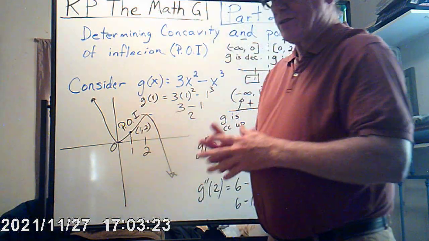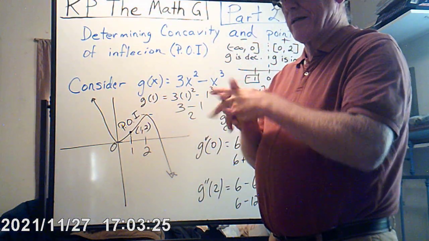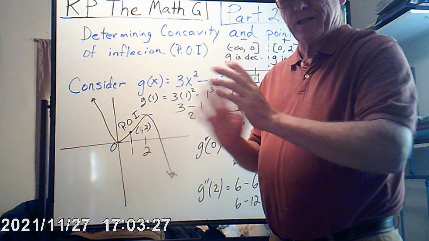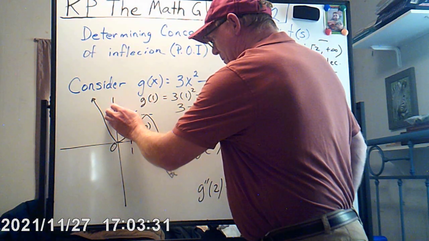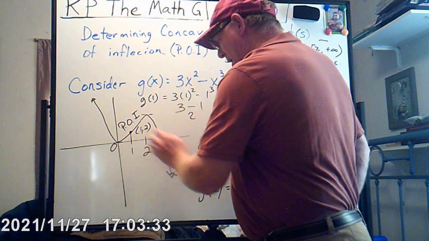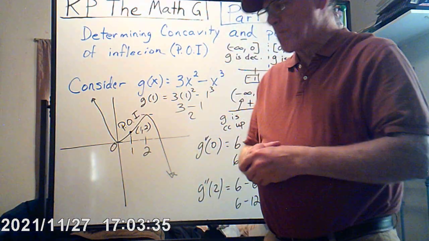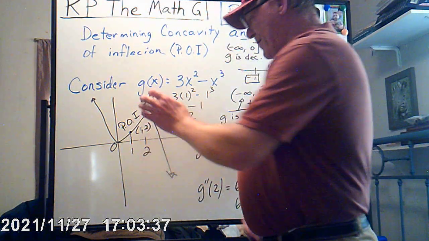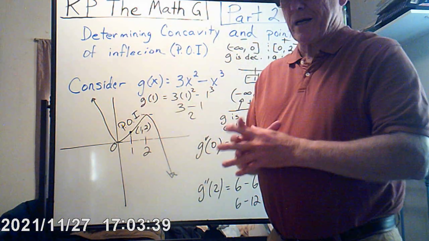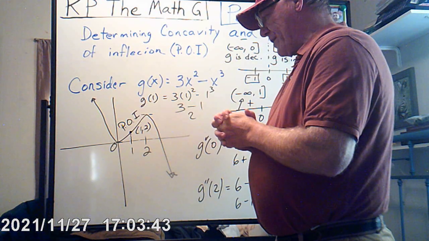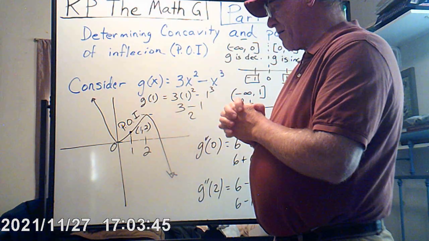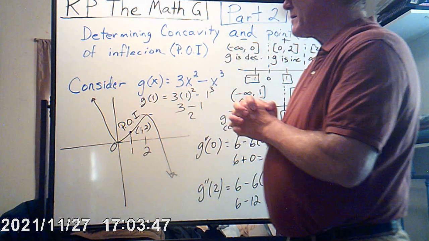There needs to be a sign change, in other words. G double prime is positive, and G double prime is negative here. It could start off negative and then positive. It doesn't matter, but there needs to be a sign change. That's kind of what we're talking about here, and that is that.